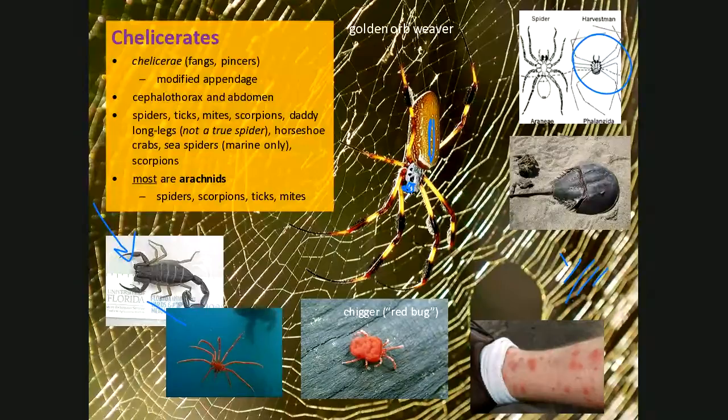And of course, we can't leave the chelicerates unless we talked about our buddy, the red bug, the chiggers. Anybody ever had chiggers? No, we don't want to forget the chigger. That's what they look like when they crawl up your leg. What they do is the adults get up there, the females, and they'll actually lay their eggs on your skin. The eggs then burrow down below your skin, and as the eggs hatch into larval form, the larvae have to feed, obviously, right?